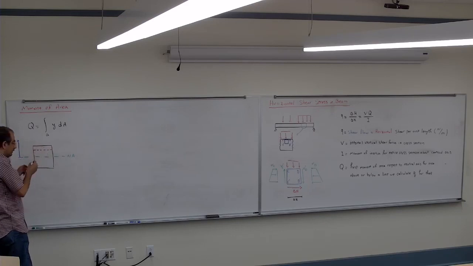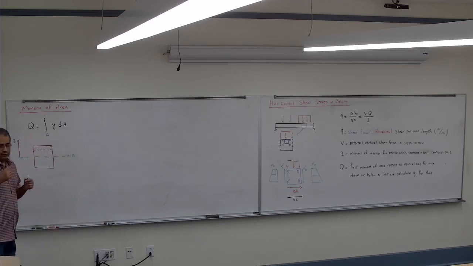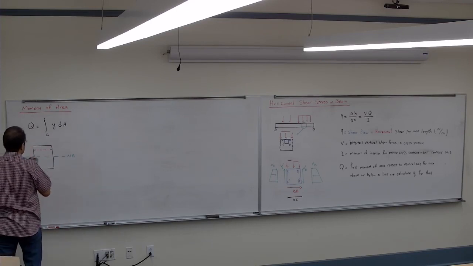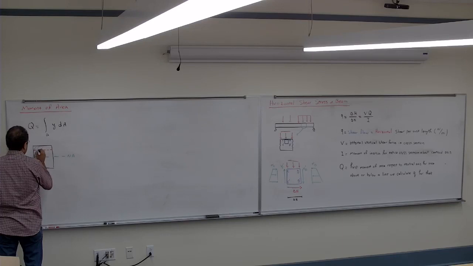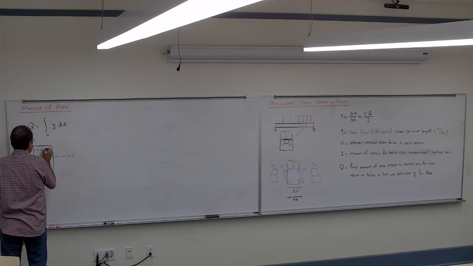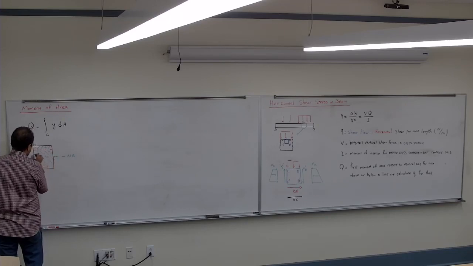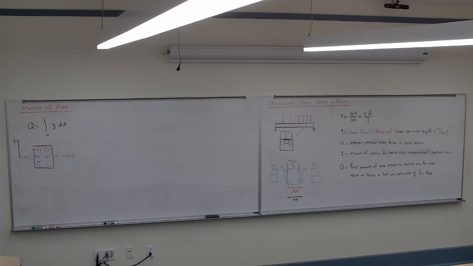If it is there, then I'm going to divide that into two areas: the area above that line, which would be A, and the area below that line, which is A prime.